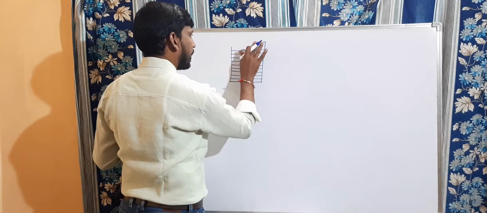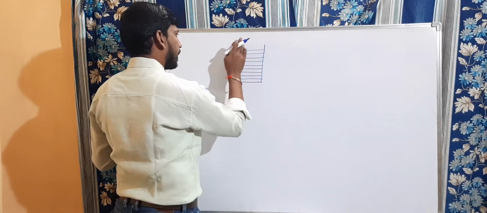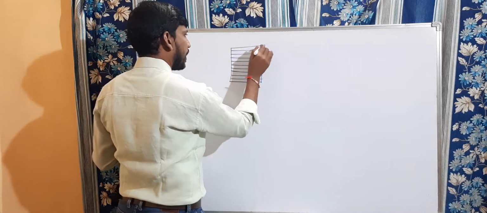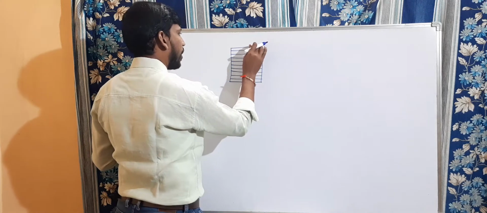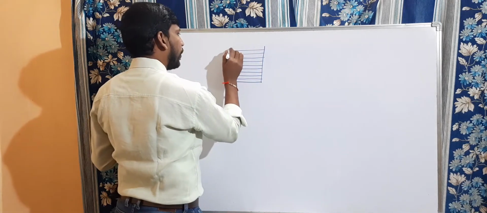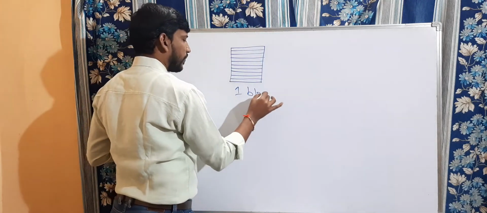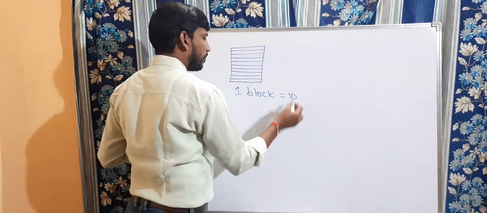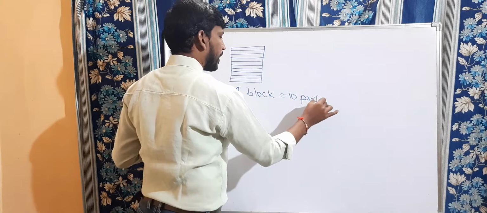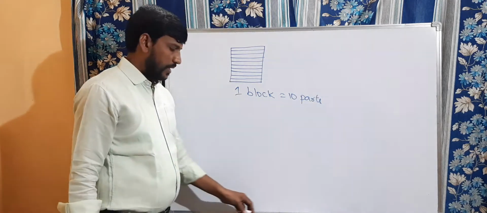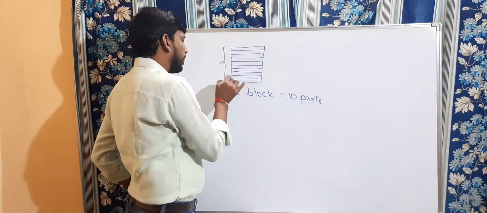So totally there are 10 blocks. This is totally one block. One block is equal to 10 parts. This total is nothing but 10 parts.